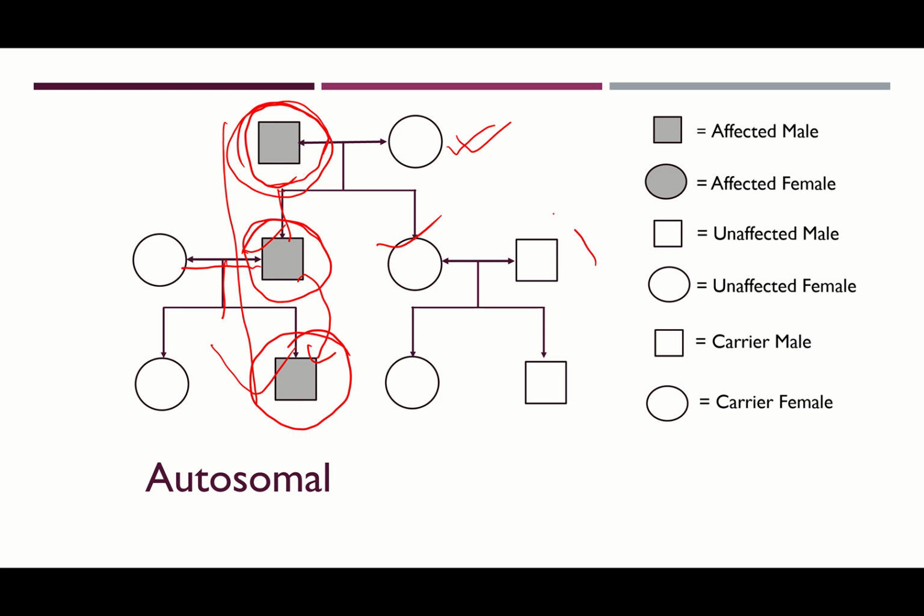However, some might think that there is a generation skip here, or that they are maybe carriers, but no. Just look, they had a daughter from the affected father. Yes, if it was given up to this, it might have been confusing whether she is a carrier or a healthy one.